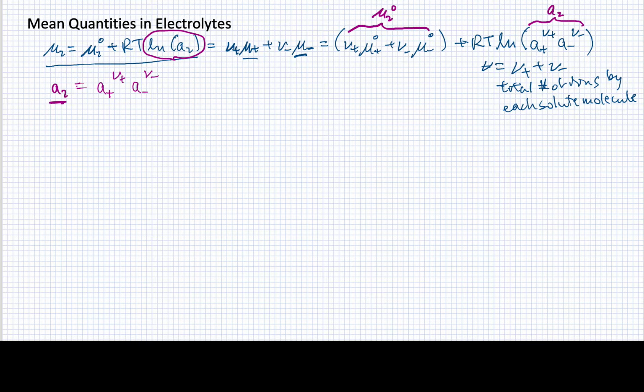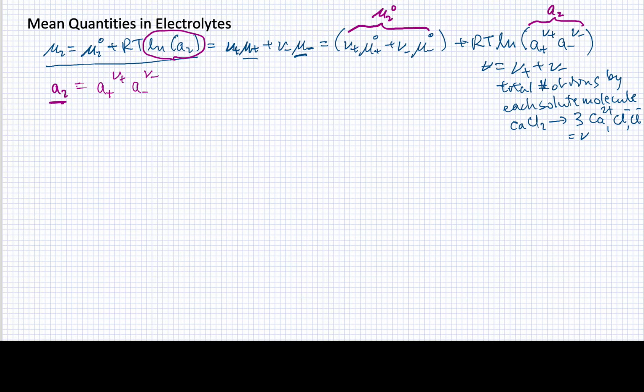So, for example, if our molecule were calcium chloride, this would produce 3 ions. We would have calcium 2 plus, and we would have chloride minus and another chloride minus. So we'd have a total of 3 ions, and so this would be equal to V.